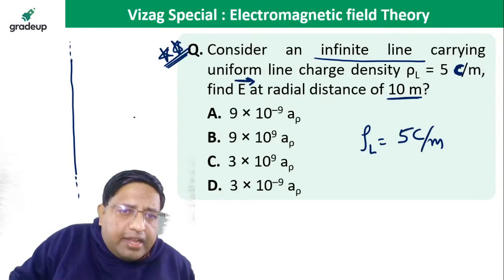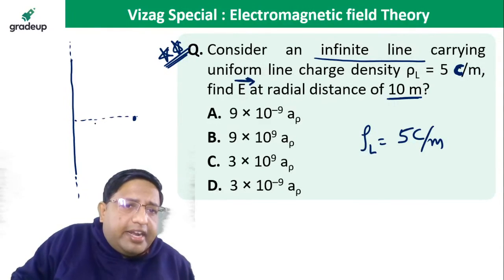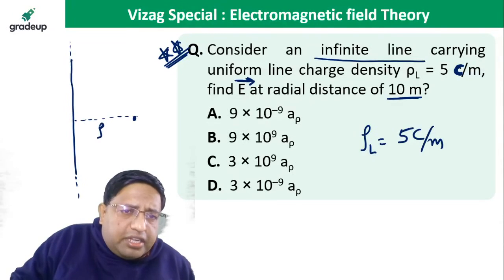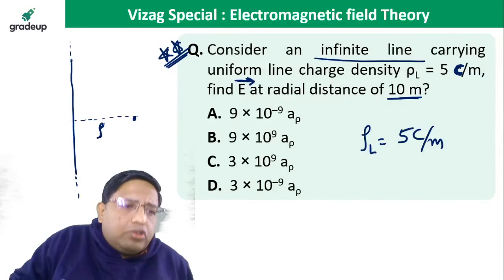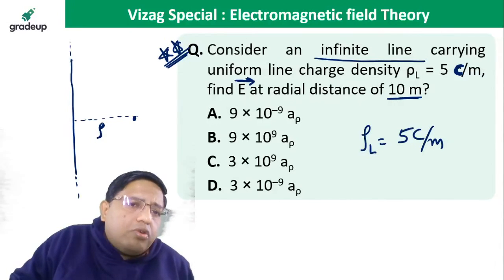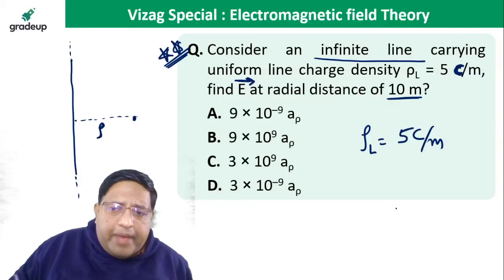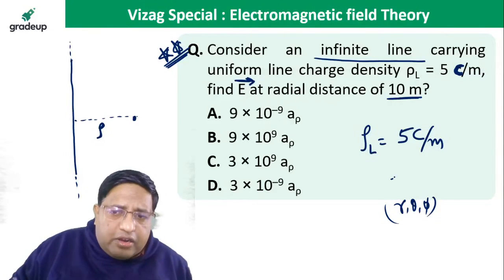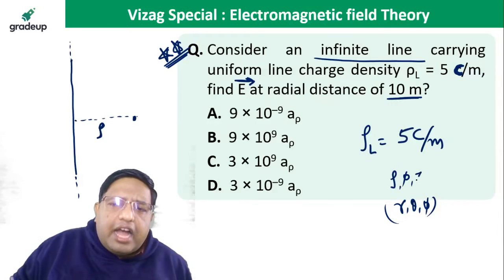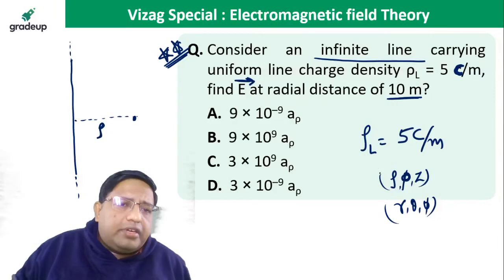So what is the electric field? Electric field at a radial distance rho, because the cylindrical coordinate system is rho, phi, z. So the distance is not r, it is rho, because in the spherical coordinate system it is r, theta, phi. I hope you know the cylindrical and spherical coordinate systems.